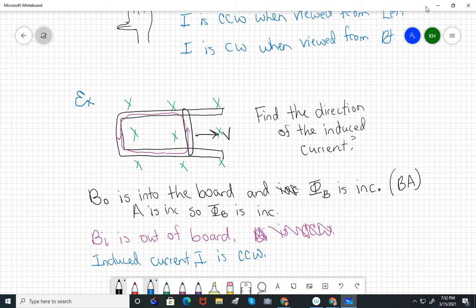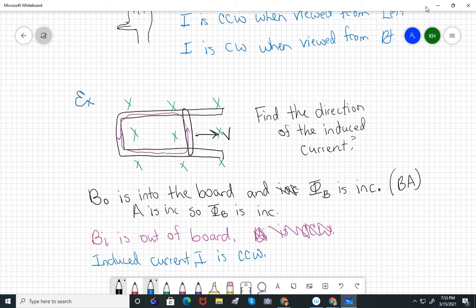That means the flux through the loop is increasing. Since the flux through the loop is increasing, our induced magnetic field has to point in the opposite direction, which will be out of the board. So our induced current has to be counterclockwise.